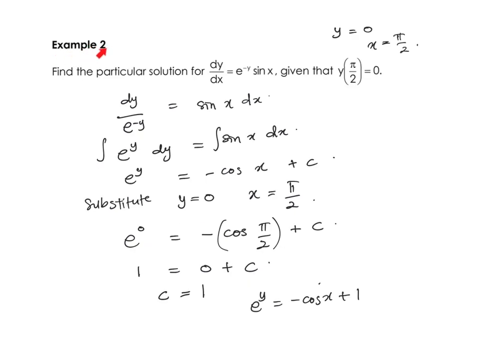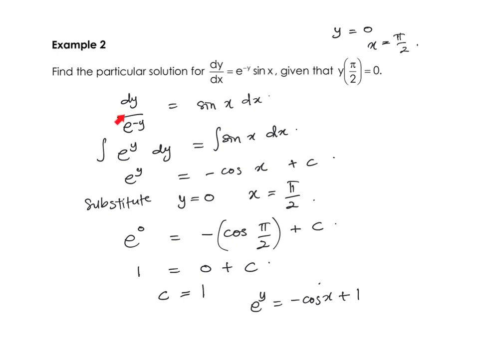Example 2. Find the particular solution for dy over dx equal to e to the power of negative y sin x, given that y(pi over 2) equal to 0. This one means y equal to 0, x equal to pi over 2.